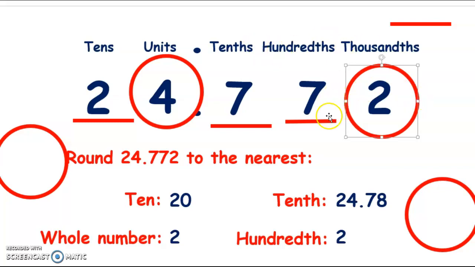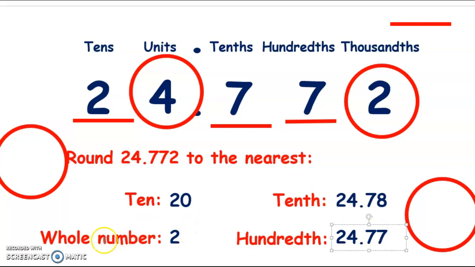So everything after the number that I've underlined remains 0. So my new number is going to be 24.77. Either we can put 0 or we leave it. Remember, from our previous decimal lesson, we say 0 after the decimal numbers, after the decimal point, not in between, doesn't add value or decrease it. So my number is going to be 24.77.